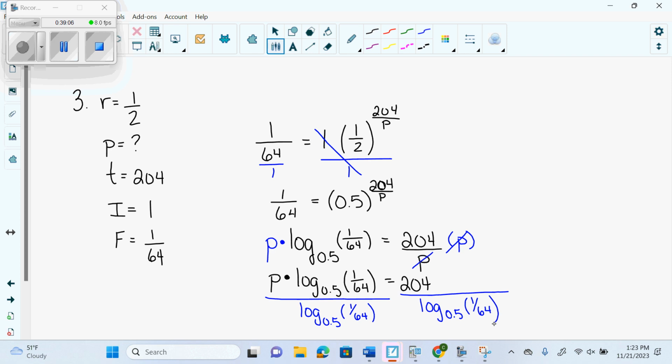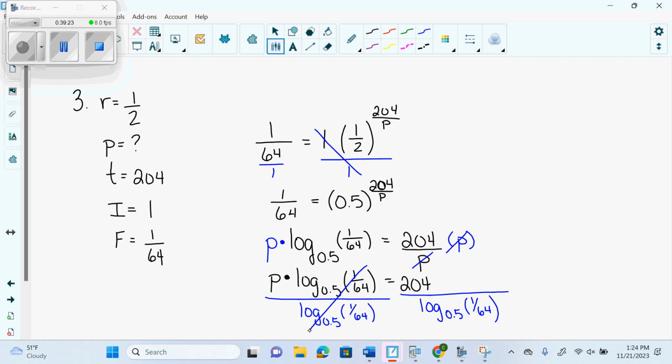If you're someone who has the old calculators, you're going to have to do log 1 over 64 divided by log 0.5, enter, and then go 204 divided by that. So it's just 204 divided by the second answer.